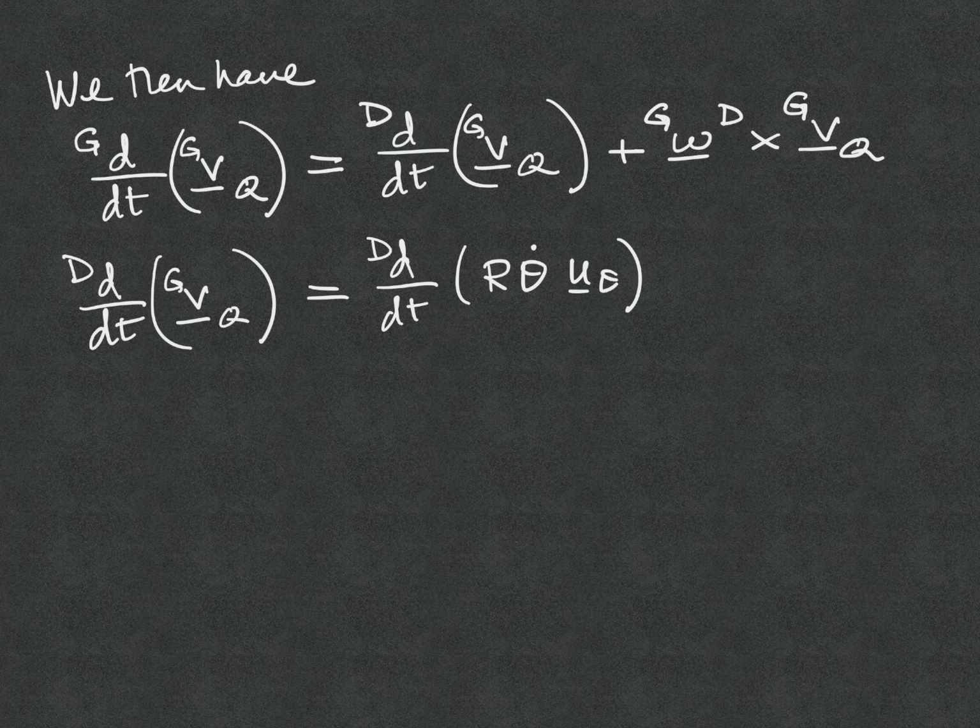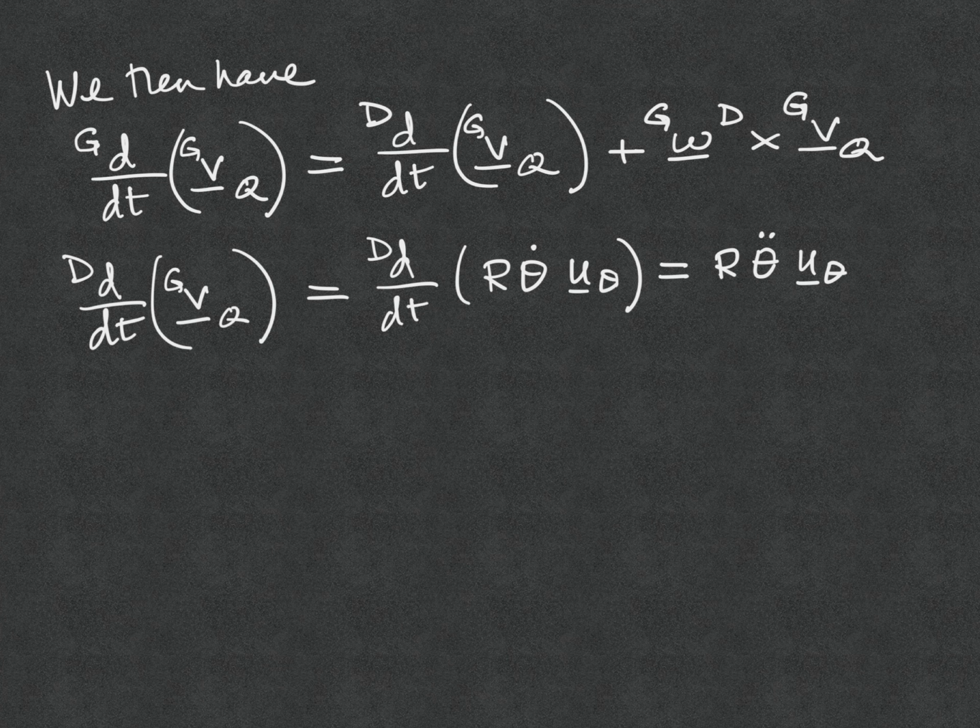But r we know is constant, and theta is changing with time, but u theta is fixed in D. So the only thing in this expression that changes when viewed from the perspective of the disk is that the angle theta is changing, because r is a constant and u theta is fixed in D. So as a result, this rate of change becomes r theta double dot u theta, because again, r is constant and u theta is fixed in D. So the only thing that's changing from the perspective of an observer fixed in the disk is the angle theta.